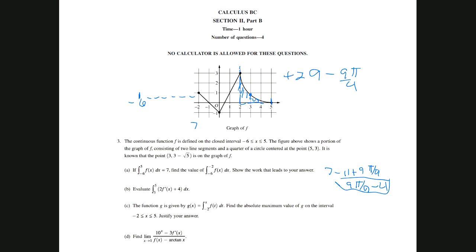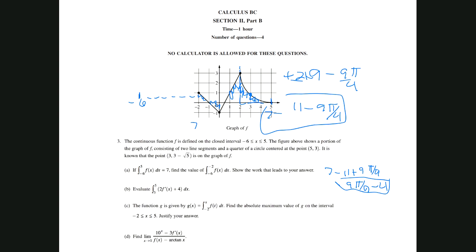So that's where I came up with this 11 minus 9 pi over 4, because this was the 9 minus 9 pi over 4, but all of this I came up with 2. Then I ended up with 7 minus that, so 9 pi over 4 minus 4. Okay, does that make sense? Yeah, I just forgot to divide by 2 when I found the area under it.